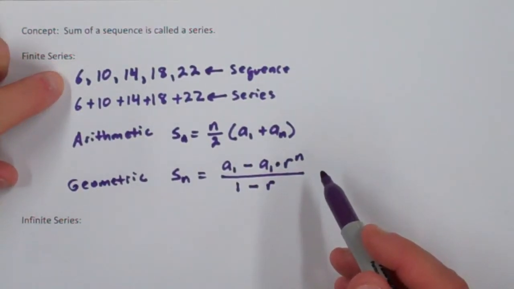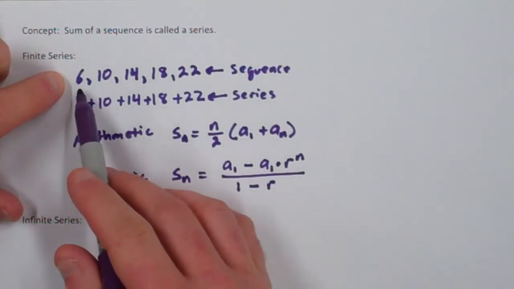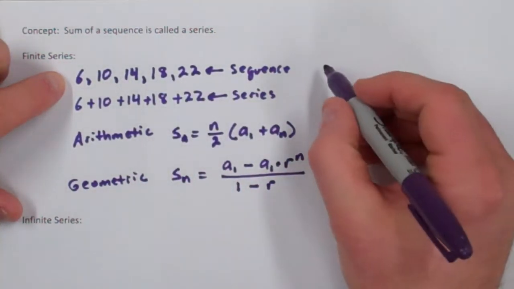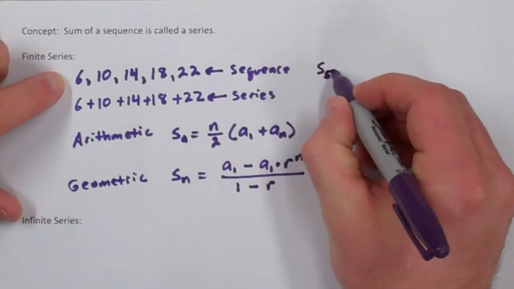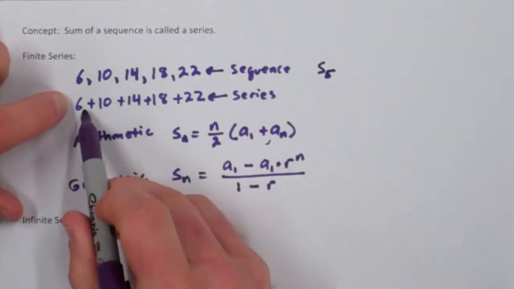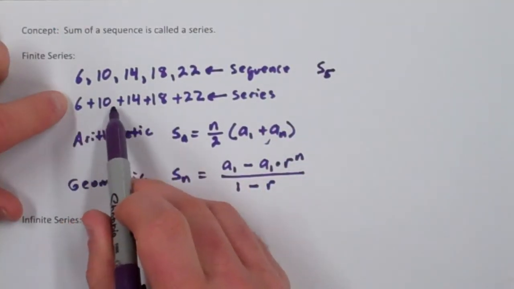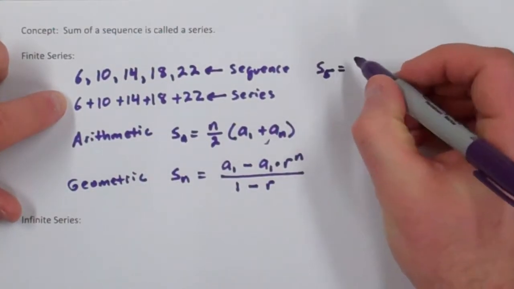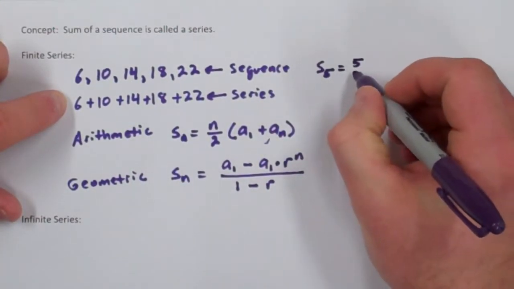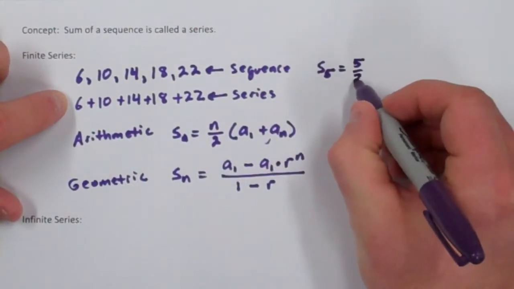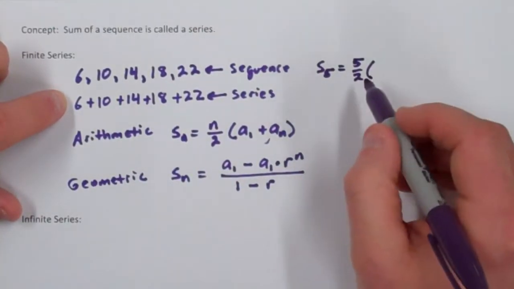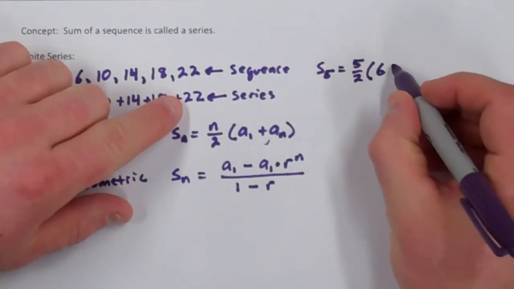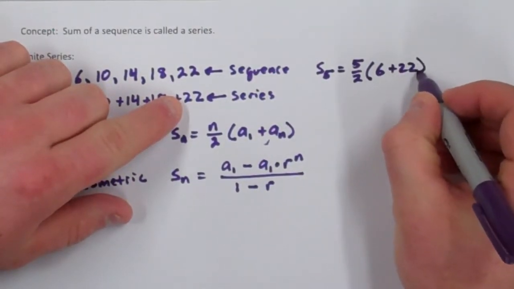Let's try that with the arithmetic one up here. There's 1, 2, 3, 4, 5 terms. So the sum of the first 5 terms, and I should be looking at this series actually, 6 plus 10 plus 14 plus 18 plus 22, is equal to 5, which is n, over 2. In parentheses, we need the first term, which is 6, and the last term, which is 22.